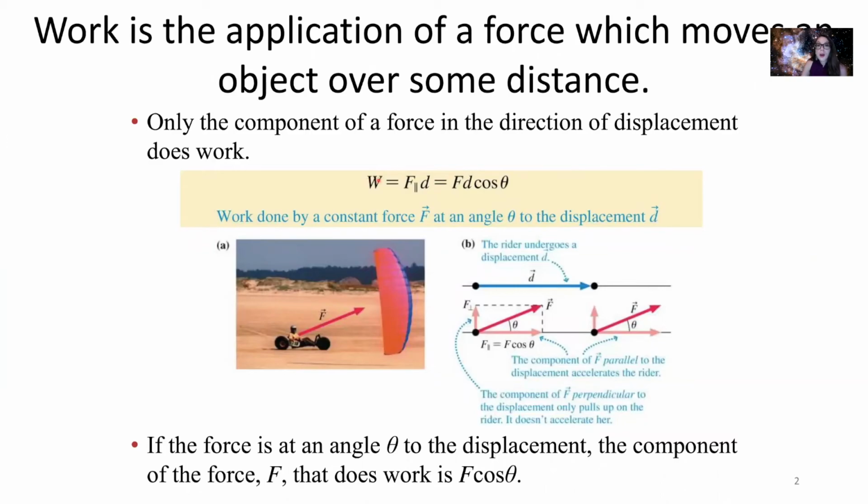So the work done is equal to the force parallel to our direction of motion times our displacement, and that equals F D cosine theta. And so this is the work done by a constant force F at an angle theta to our displacement D.